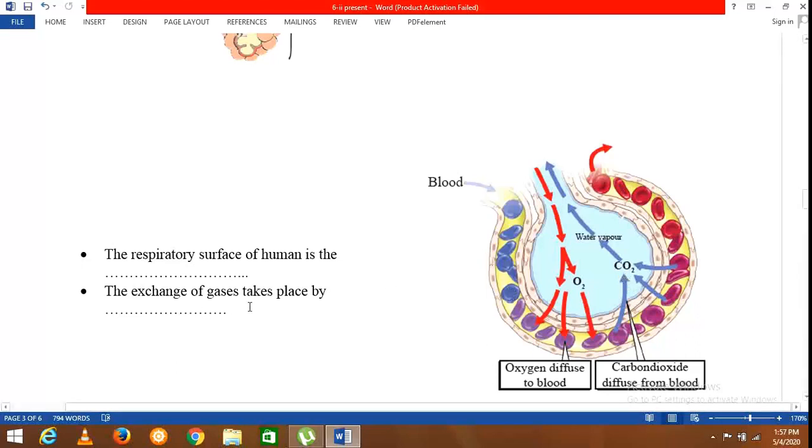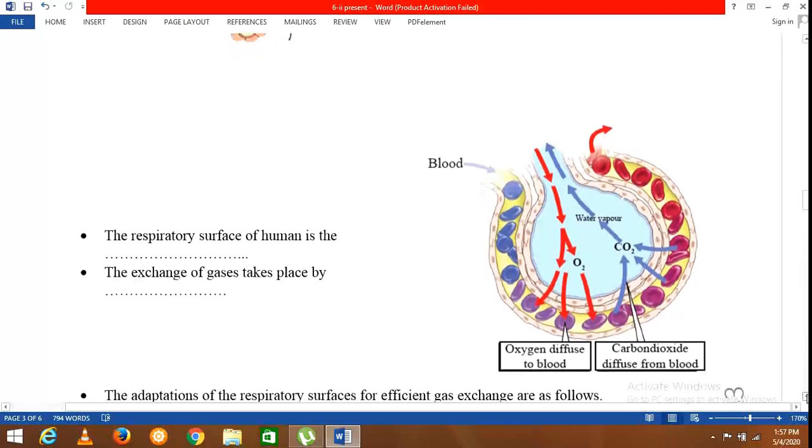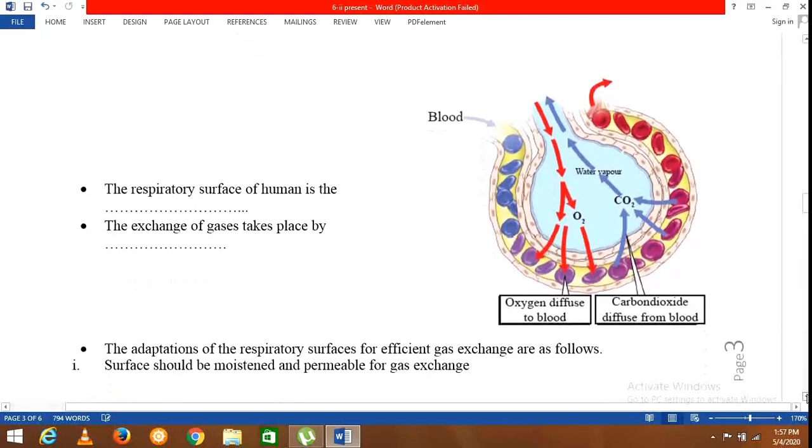So, the exchange of gases takes place by means of diffusion. The thin membrane of both the blood capillary and the alveolar wall facilitate this diffusion. So that is the second stage of respiration, that is gas exchange in alveoli.